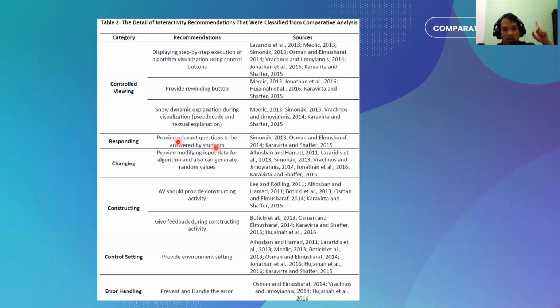So give them another engagement or variety of interactivity, which is responding. We need to ask them to respond.